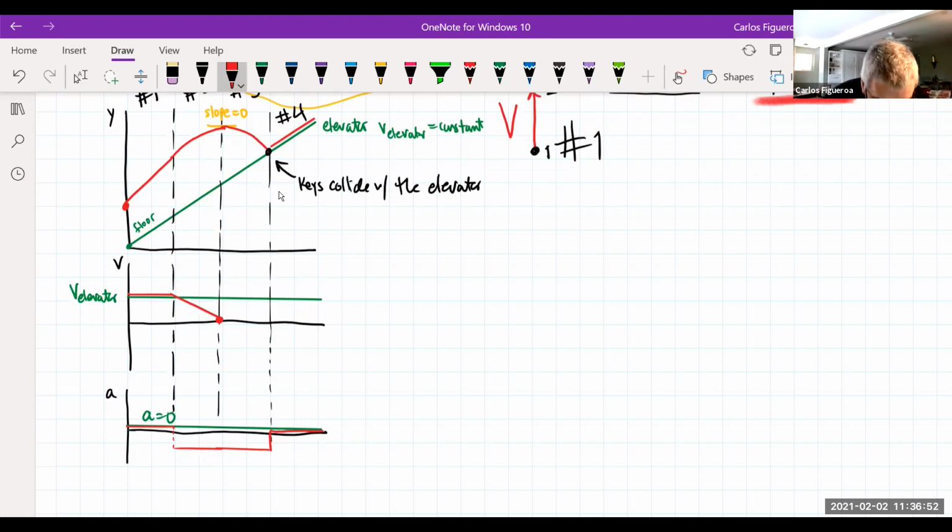But when you look at the velocity here, it continues to do this. So if I draw this properly, it should be at a constant velocity here. And then there's a discontinuity, because all of a sudden there's an infinite acceleration of the keys so that it now moves at the same speed as the elevator.